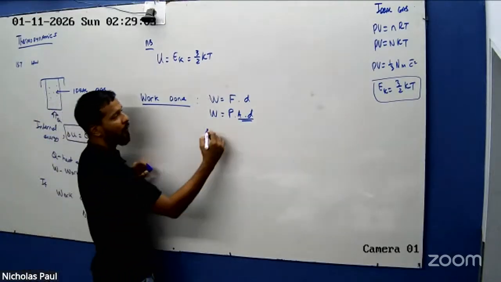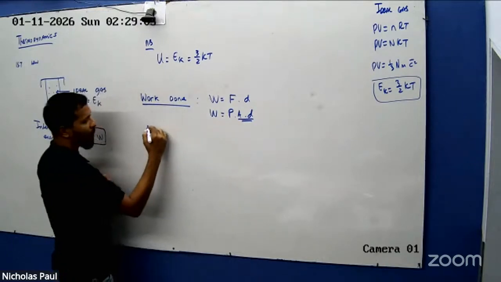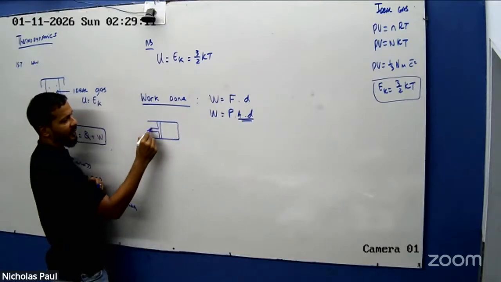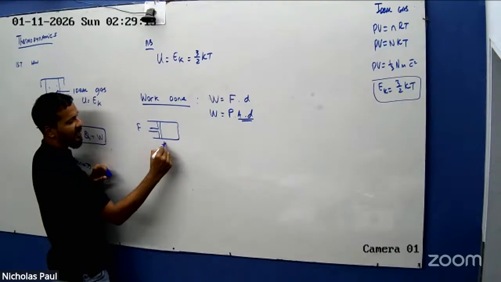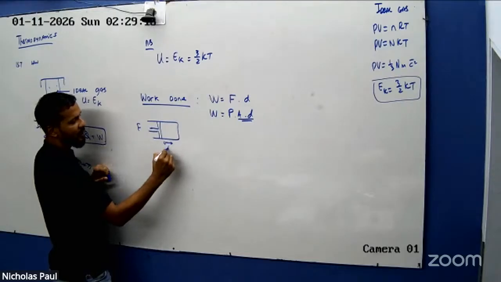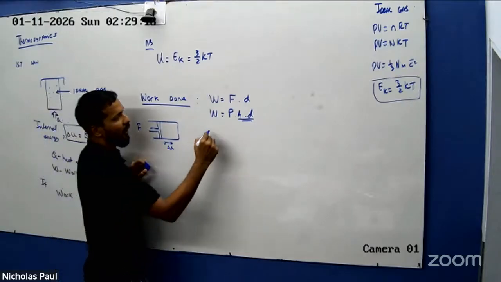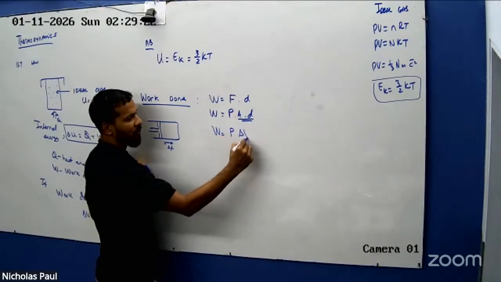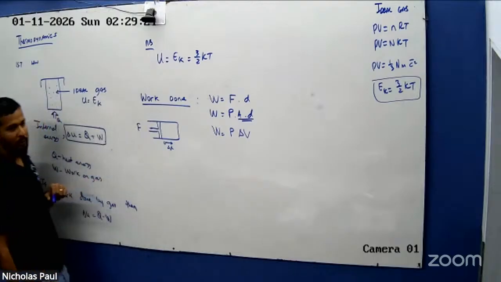Volume, right? So for example, let's look at this little piston here. If I apply a force here and there's a little change in distance, then work done is equal to pressure by change in volume, right?